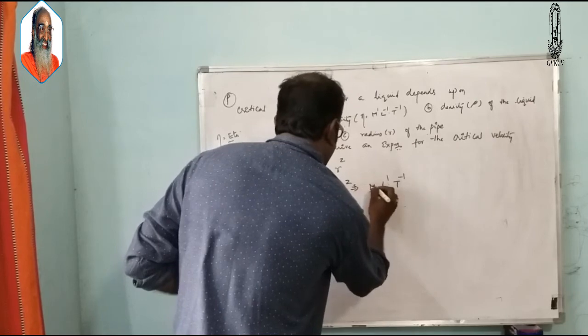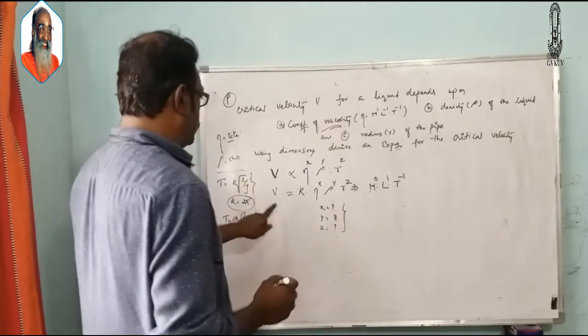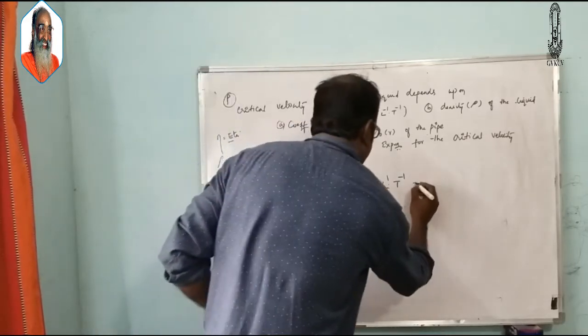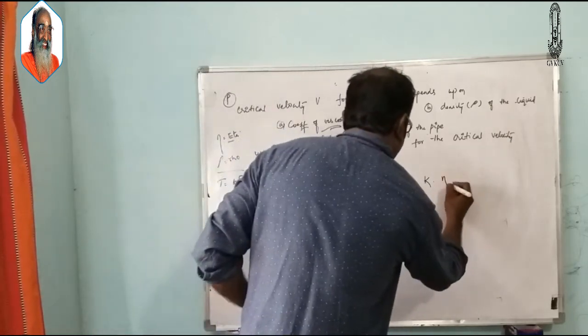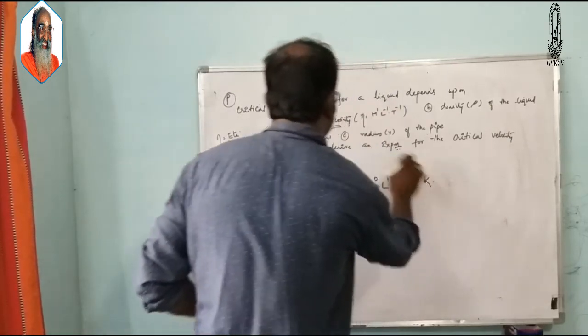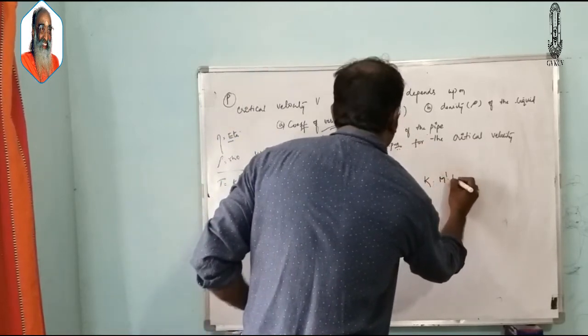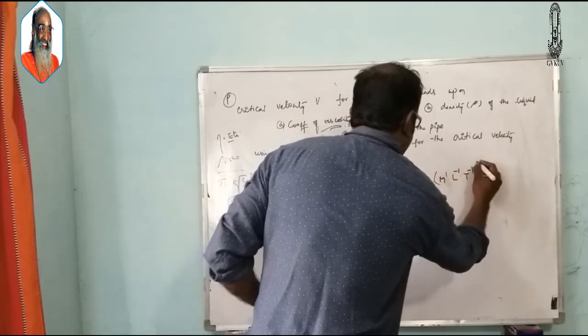For mass, there are no dimensions, so I am giving it as 0. So M0 L1 t minus 1. K is a constant, no dimensions. Eta is viscosity, and the dimensions are given as M1 L minus 1 t minus 1, raised to x.